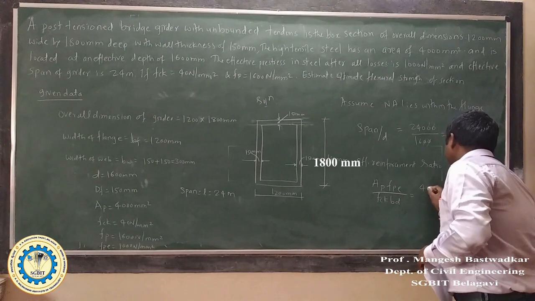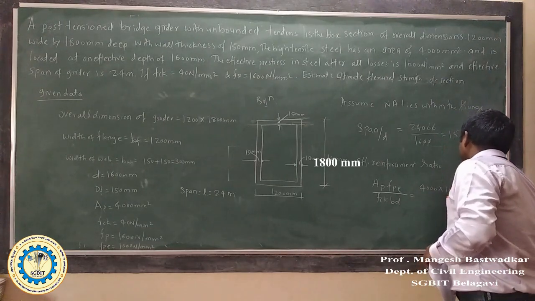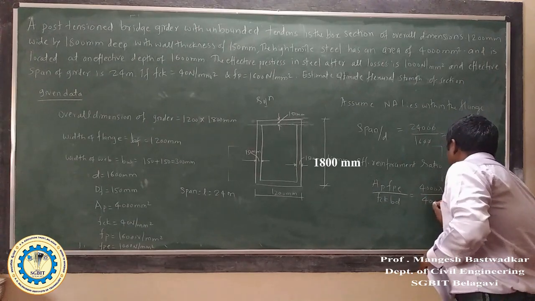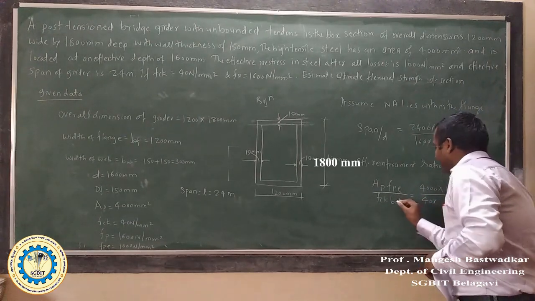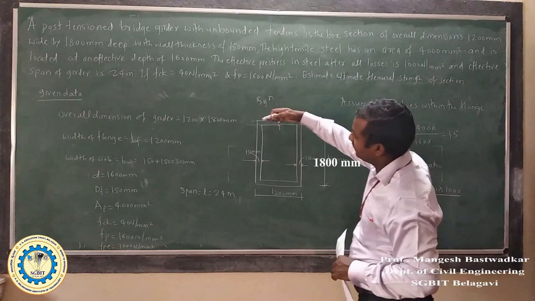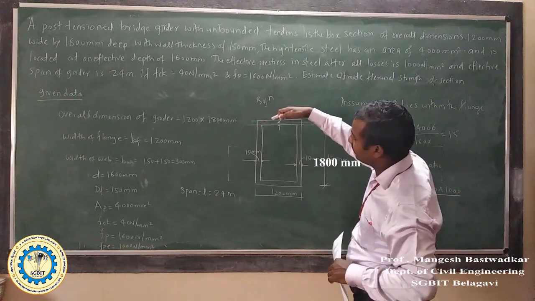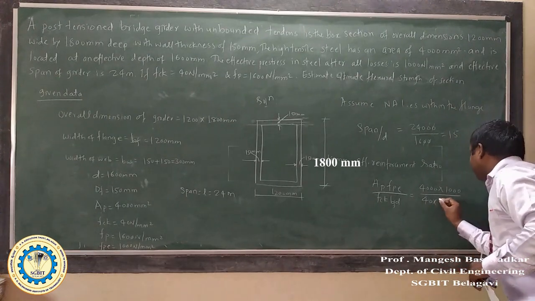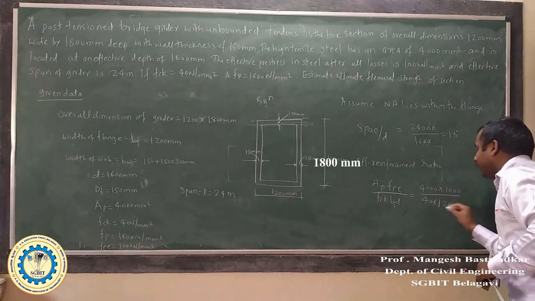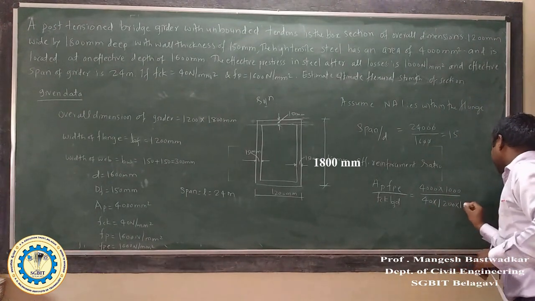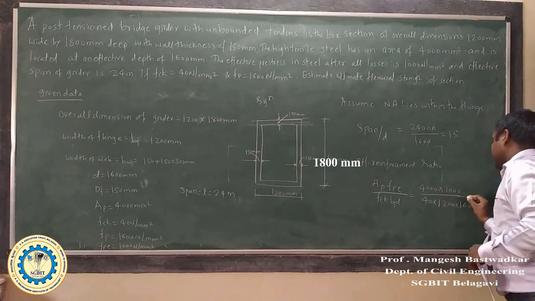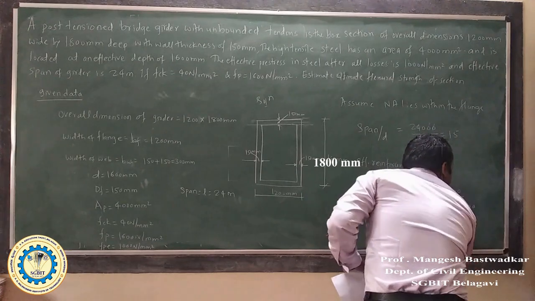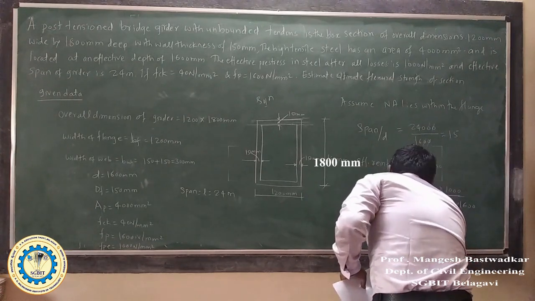So AP is 4000 mm square, then it is 1000 divided by FCK is 40, B is here the width of the flange, because we are considering the neutral axis lies within the flange, so width will be BF. So it is 1200 mm, then effective depth will be 1600 mm.